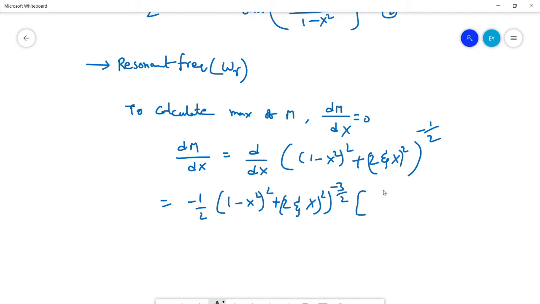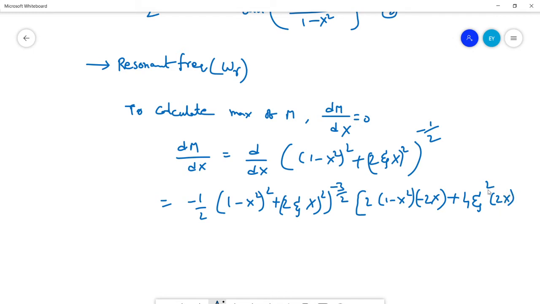Then the internal terms you have to write, derivative of it: 2 into (1 minus x square), and internally again 1 minus x square is there, so into minus 2x, plus this one, this is having an x square term here, so 2 into 2 is 4 zeta square, and 2x, into 2x.